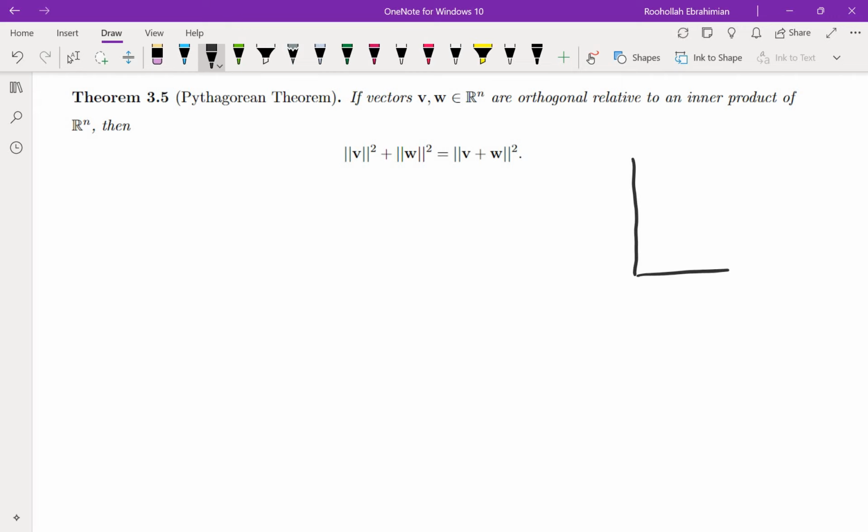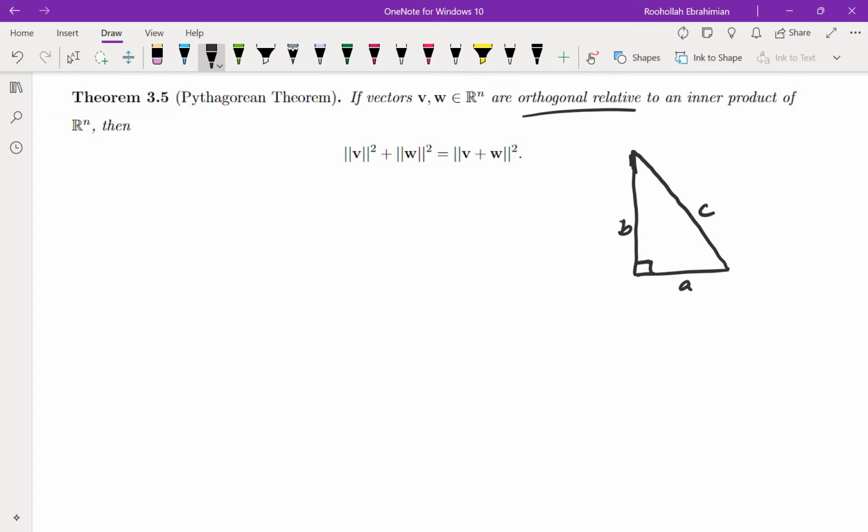The Pythagorean theorem tells you if you have a triangle with a right angle on one of the vertices, then the sum of the squares of the legs is equal to the square of the hypotenuse. So here I have to first talk about the notion of orthogonality, and we know how to do that.